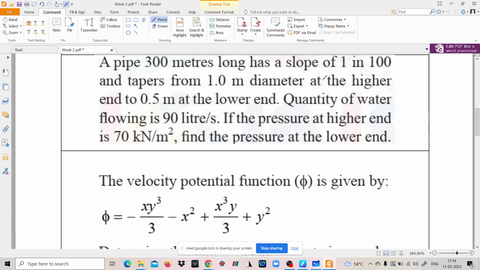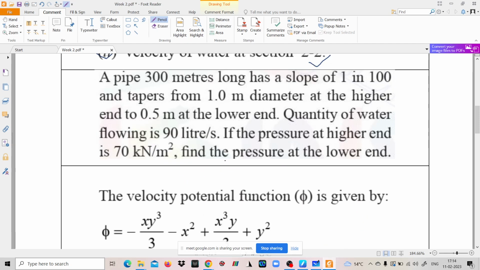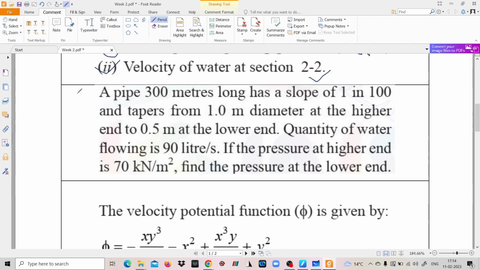It has a tapering diameter such that at the higher end, the diameter is 1 meter and at the lower end, the diameter is 0.5 meter. The quantity of water, that is the discharge flowing through the pipe, is 90 liters per second. If the pressure at the higher end is 70 kilonewton per meter square, you have to find the pressure at the lower end. This particular problem is a direct application of Bernoulli's equation.